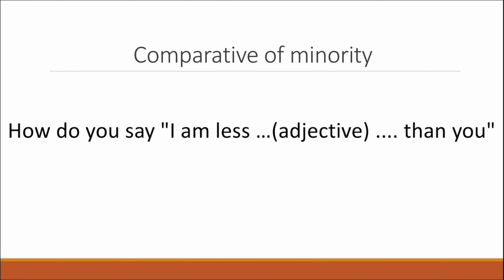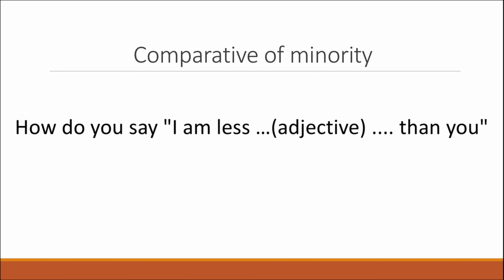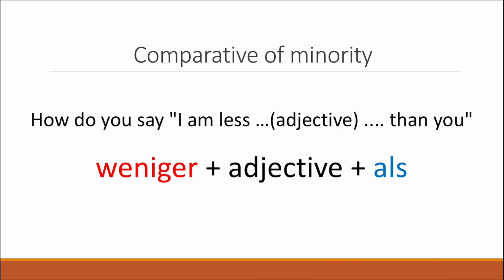The last thing we would also like to talk about is the comparative of minority. So if you would like to express that someone or something is less smart or less capable than something else, then we're going to build the comparative of minority. And in order to do that in German, we're simply going to use this construction we have right here.